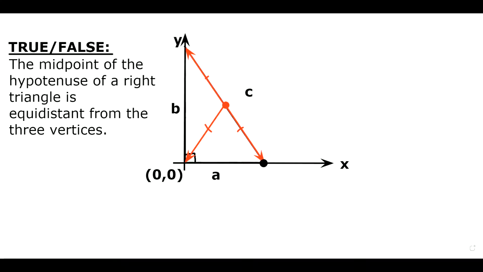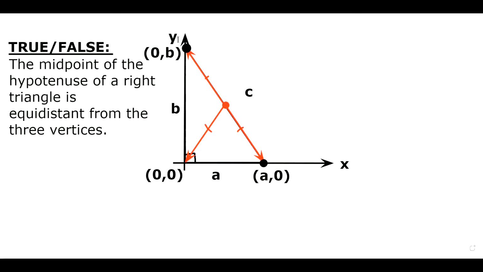So a units away along x should be the x coordinate of a, and we're still on the x-axis, so the y would be 0. And similarly, we can look at the symmetry here. This point on top is going to be on the y-axis. And so the x value will be 0, and the y value is going to be b units away from the origin. So we're going up by b units.